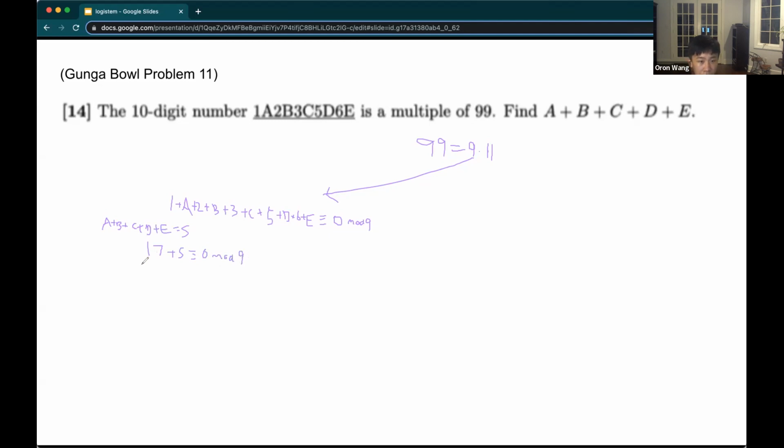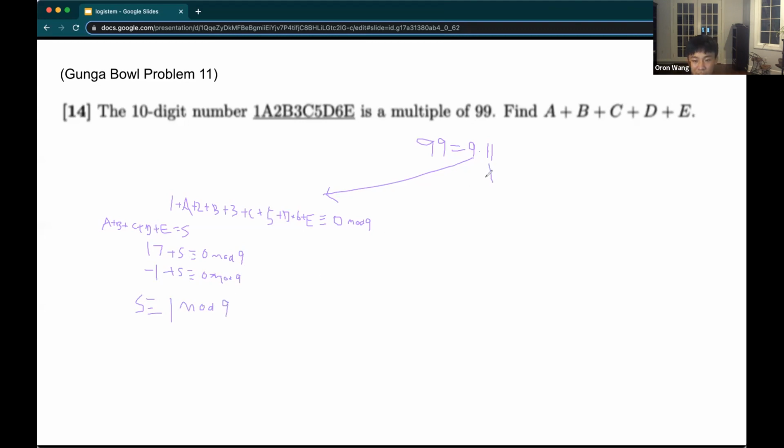And 17 is congruent to -1 mod 9. So we can also write -1 plus s is congruent to 0 mod 9, or s is congruent to 1 mod 9.